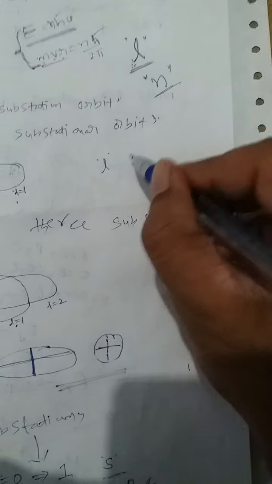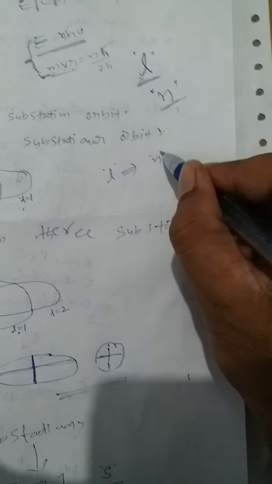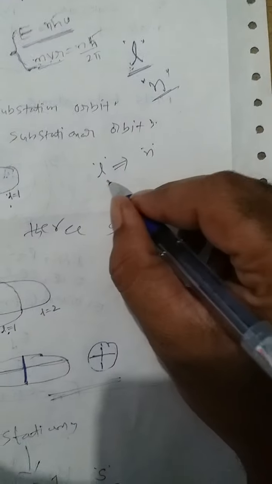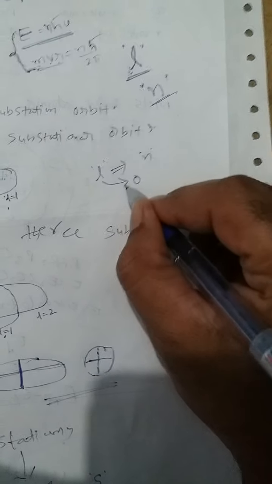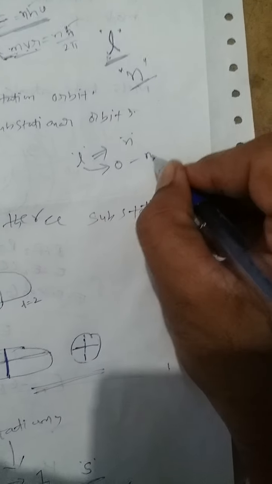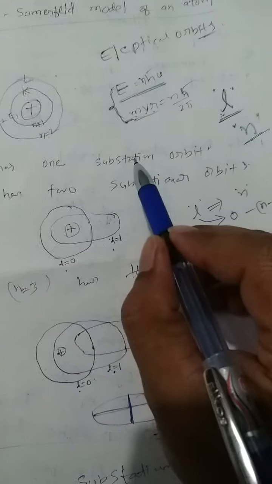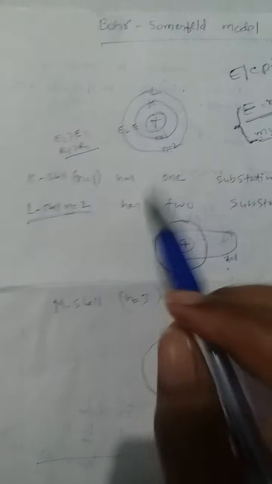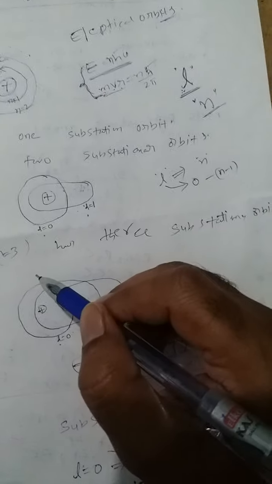L values depend on n values, and the L value starts with 0 and ends with n minus 1. That means the substationary states, or substationary orbits, of a stationary orbit are denoted by L values.